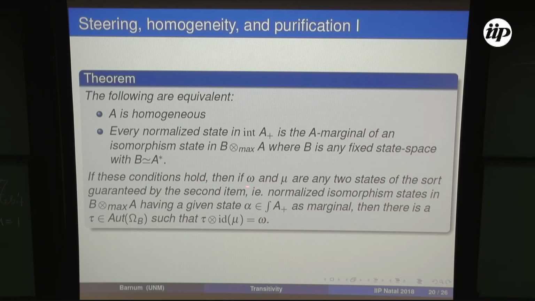Okay, and interestingly, if these conditions hold, then if you take any two states of the sort that are guaranteed here, so that should be the interior, any two normalized states that have the same marginal, there's an automorphism on the additional system that takes one state to the other. So this kind of has the flavor of the purification axiom that is, for instance, used by the Pavia group.